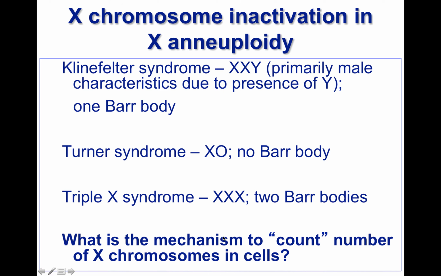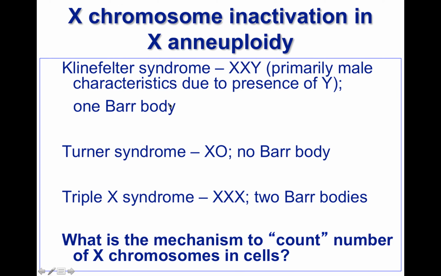It seems as though there's a mechanism to count the number of X chromosomes in a cell. Nobody's sure of how that mechanism works just yet, but we know that it exists because individuals with Klinefelter syndrome have two X chromosomes and only one of them is heterochromatinized into a bar body.